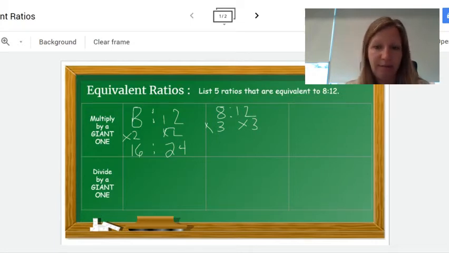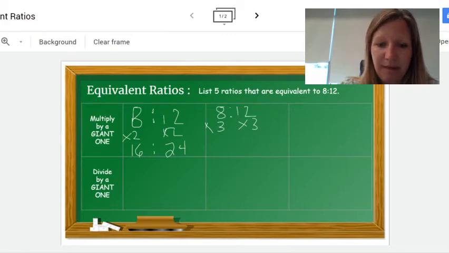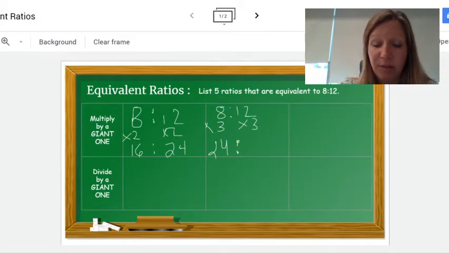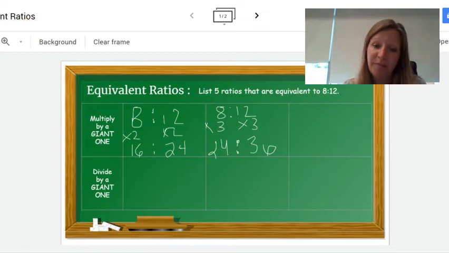The numbers may look different, but it represents the same portion. So 8 times 3 gives me 24. 12 times 3 gives me 36. So 8 to 12 is the same ratio as 24 to 36.